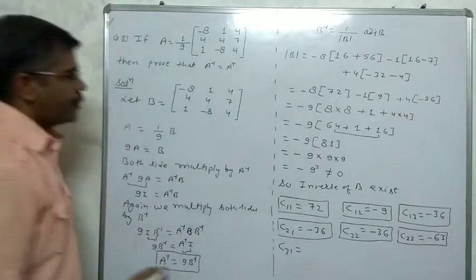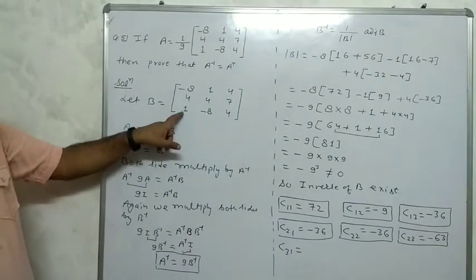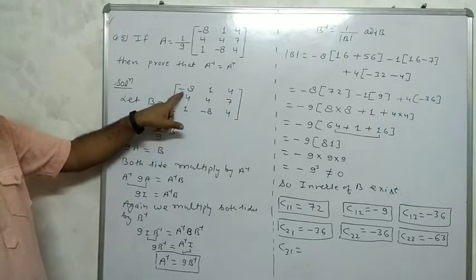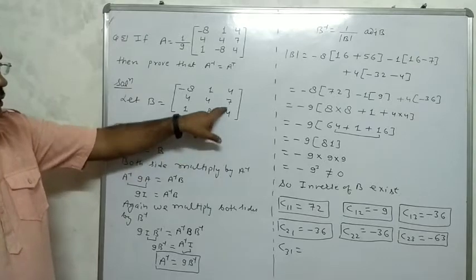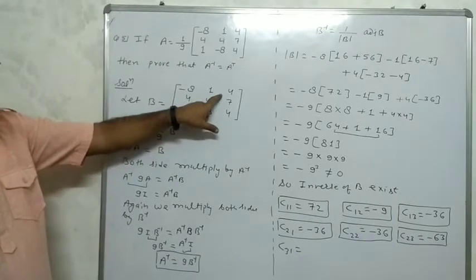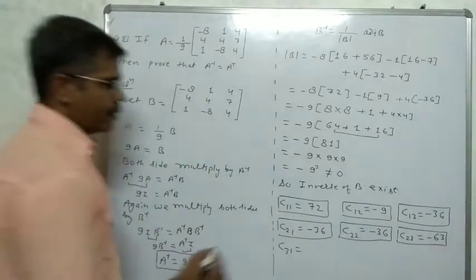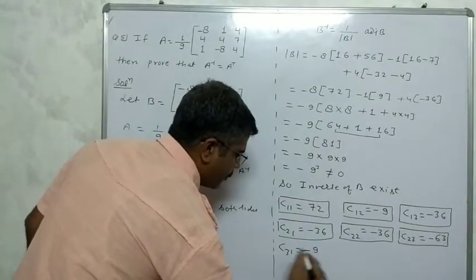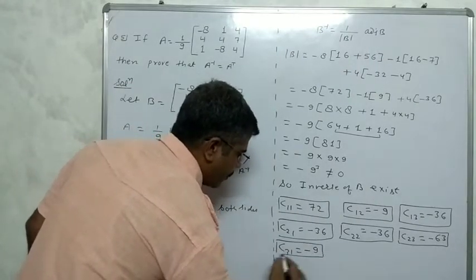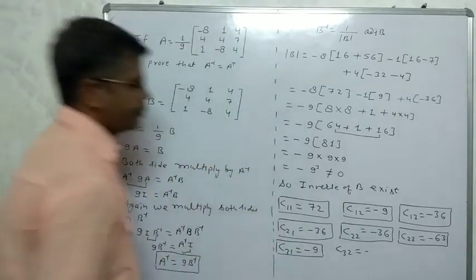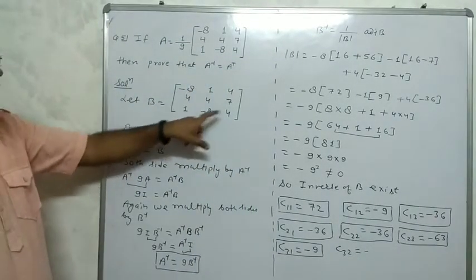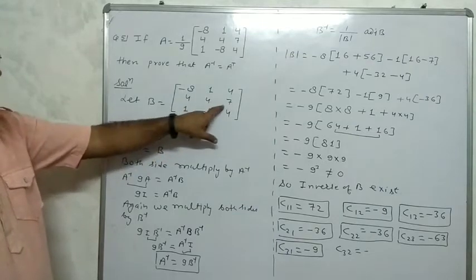C31, cofactor of A31, is positive. This column and this row delete. 7 minus 16, minus 9. C32 is negative. This column and this row delete.